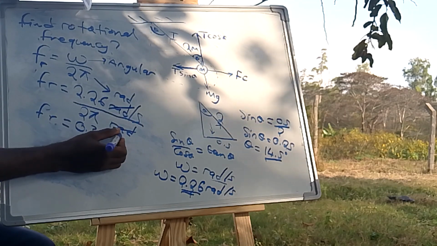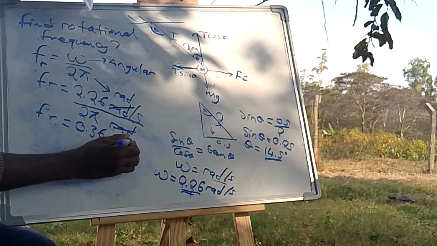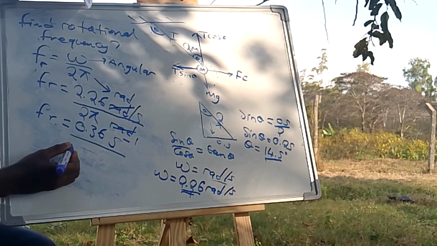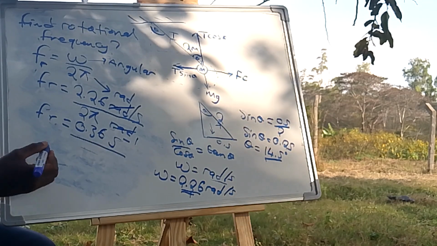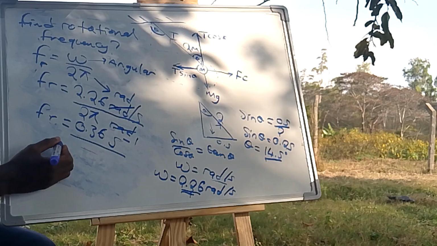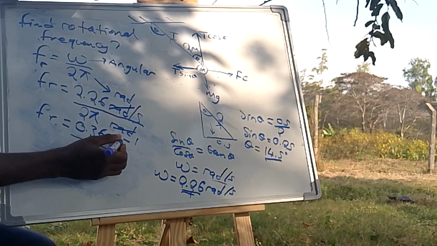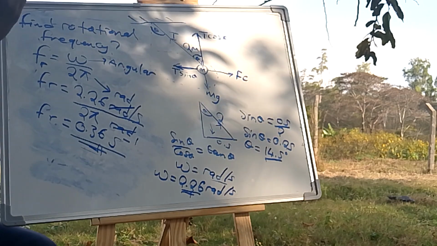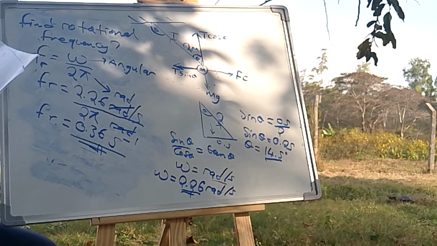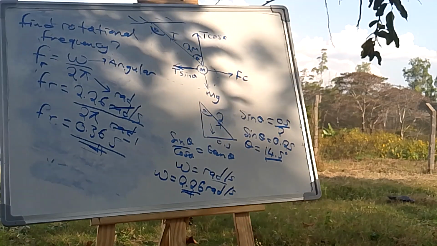So we can cancel the rad and remain with per second. So remember, the unit of frequency is per second.